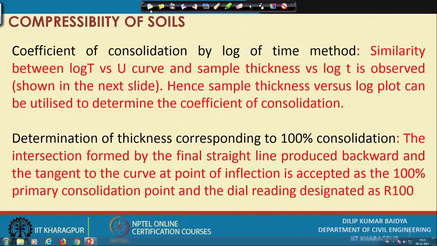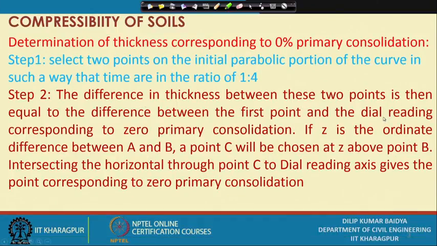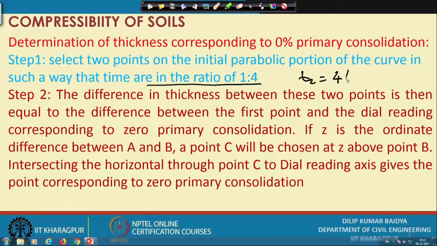Once you have the 100% consolidation point, the next thing is to determine the thickness corresponding to 0% primary consolidation. In this you have to select 2 points on the initial parabolic portion of the curve in such a way that the times are in the ratio of 1:4. That means T2 will be 4 times T1.